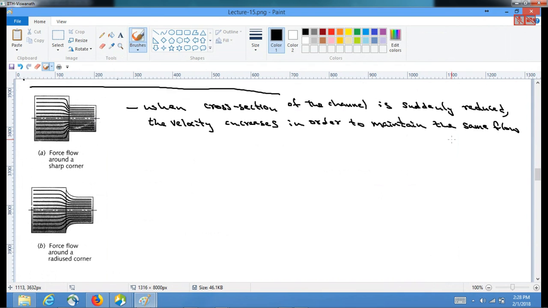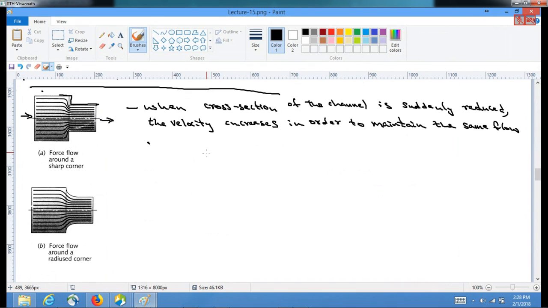So this is a simple case of a pipe with a flow, and there is an abrupt change in the cross section. Here the incoming and outgoing flow has to be the same, so with a higher area the velocity will be some v. But if the area is reduced, in order to meet the same flow output, the velocity has to be increased.